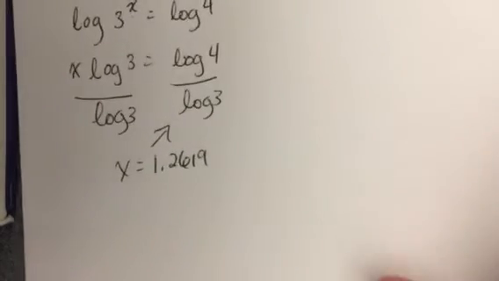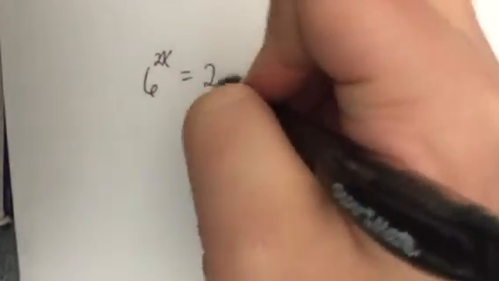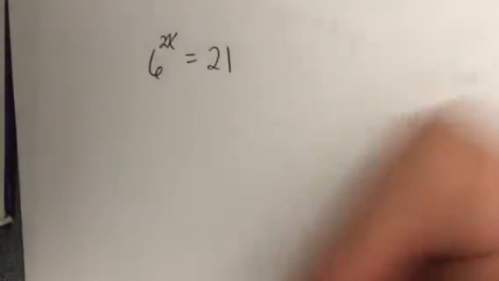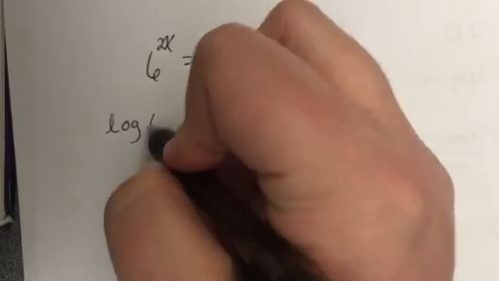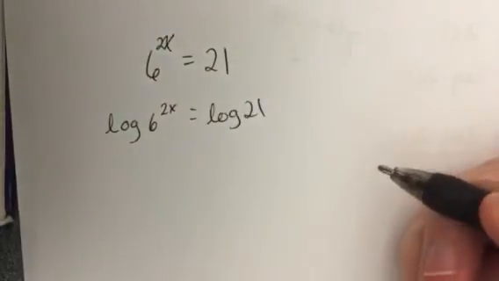We have enough time to do one more problem. Let's try one like 6 to the 2x power equals 21. Again, start by inversion. Log of 6 to the 2x power equals the log of 21.